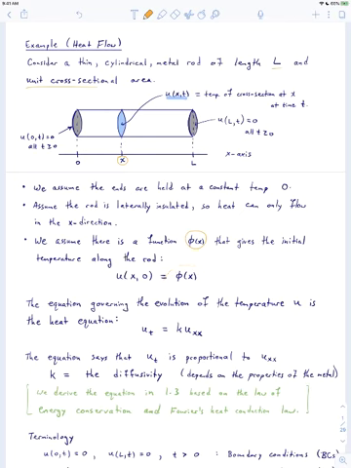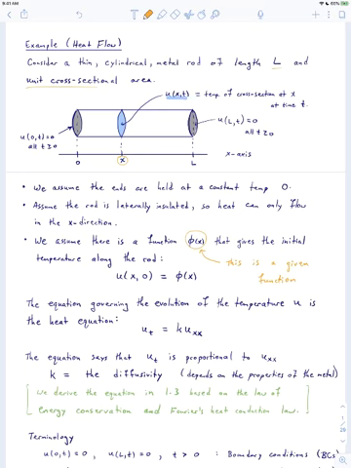So the idea is that this phi of x is a given function. It's known. The idea is that you can measure the temperature all along the rod at time 0. So this is given to us.